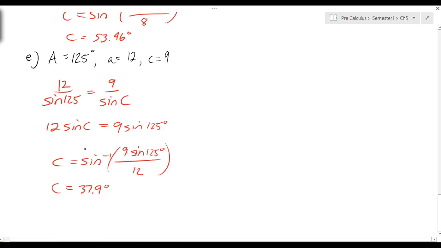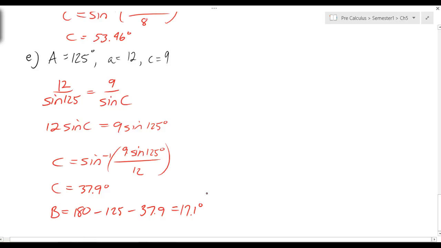Now, is it possible to have a triangle with an angle of 125 and an angle of 37.9? Yes, it looks like we're not over 180 yet, so now we can say that angle B is equal to 180 minus 125 minus 37.9. We get angle B is 17.1 degrees.